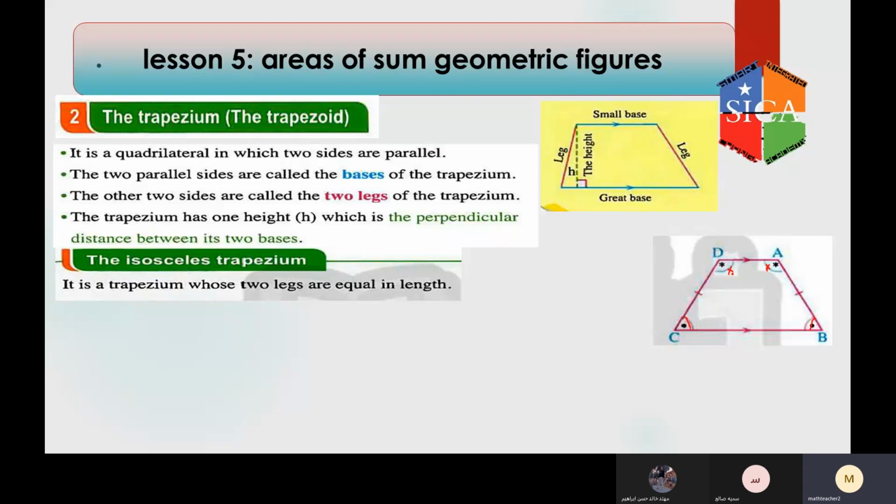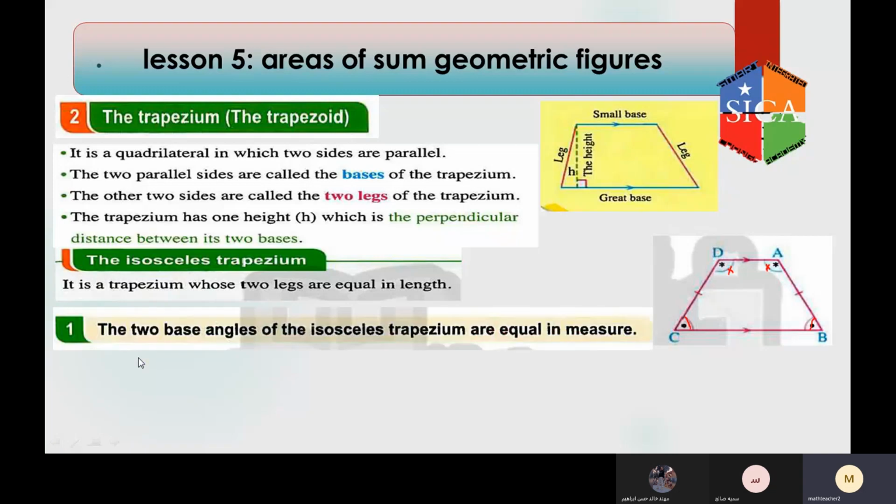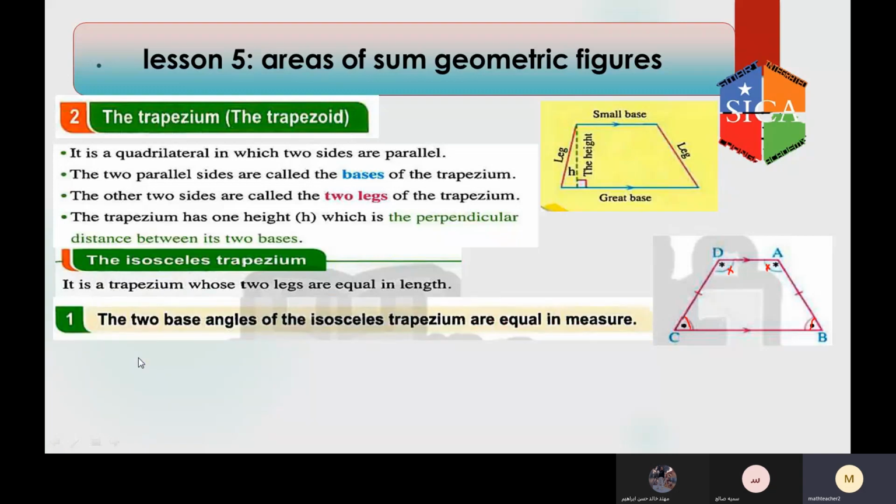In the isosceles trapezium, the 2 base angles are equal in measure. The 2 base angles here: measure angle B equals measure angle C, measure angle A equals measure angle D. They are called the base angles.